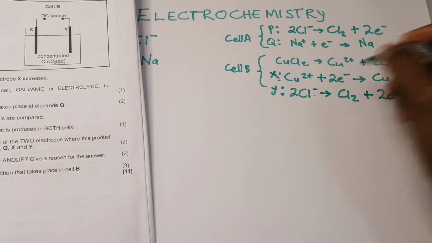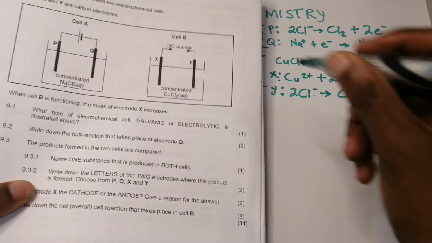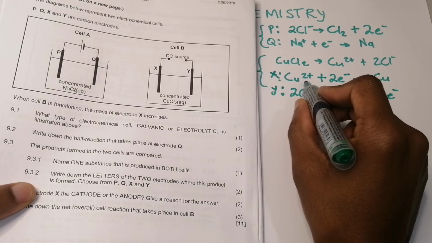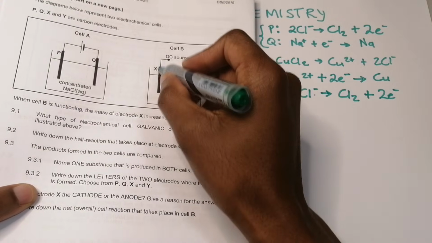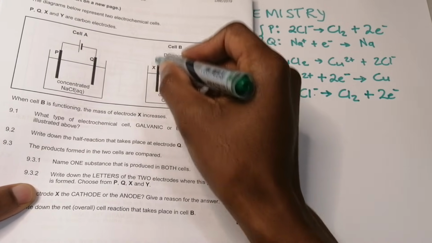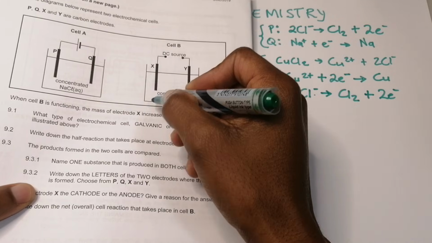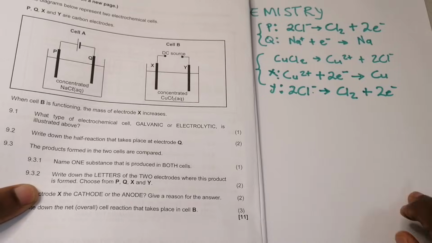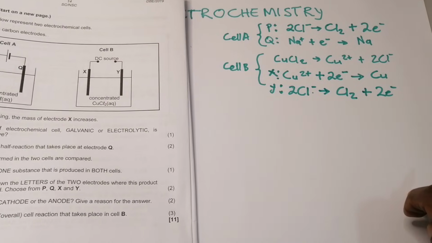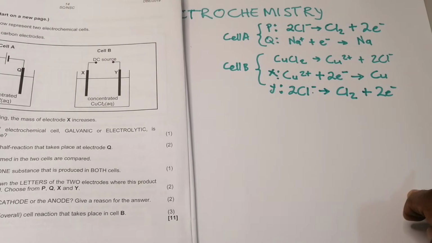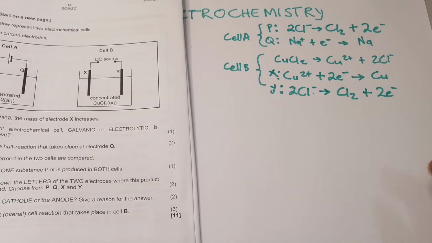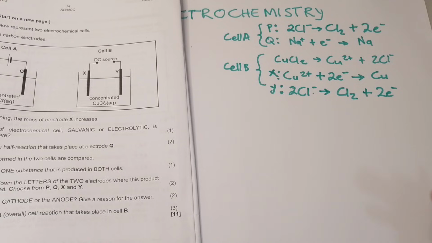So in a sense, this already tells you that electrode X, in order to attract the copper 2+ ions, must be negatively charged. And remember, in an electrolytic cell, the negatively charged electrode is our cathode.